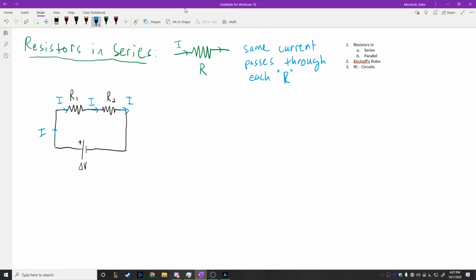The other thing we can say, and this is something we did with capacitors as well, is that if I want to look at the potential difference, delta V, between two points right here, and I call these delta V1 and delta V2, as if I were to place a voltmeter across this resistor or across this one, then the total voltage is equal to delta V1 plus delta V2.